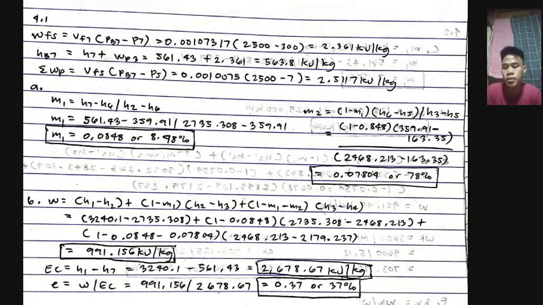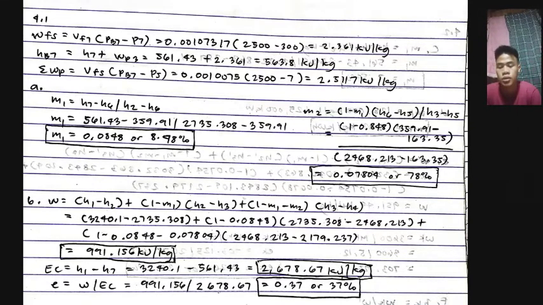Again, same process. Okay, A: M sub 1 equals h sub 7 minus h sub 6 over h sub 2 minus h sub 6. Since we already have the value for it, given in our problem, next move is substituting it.